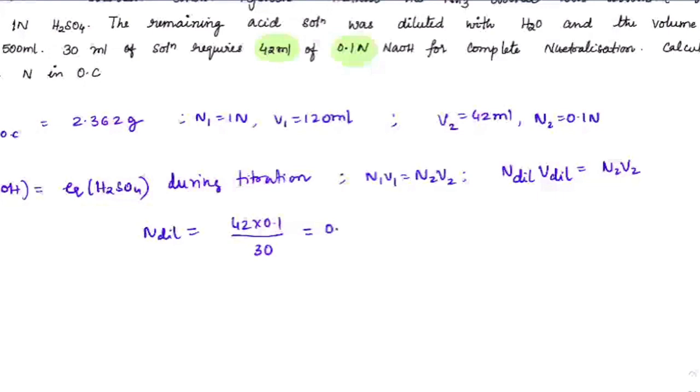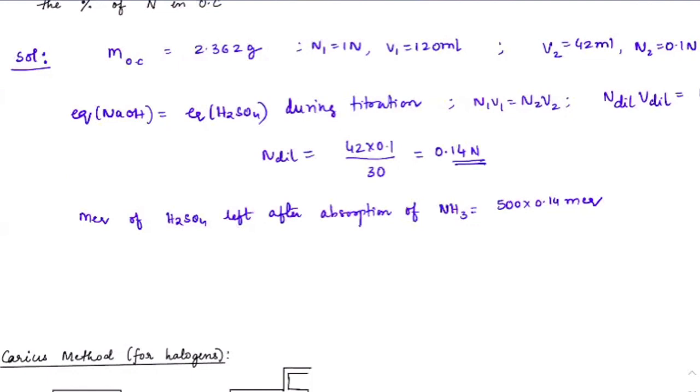The milli equivalents of H2SO4 originally taken was N1 V1.